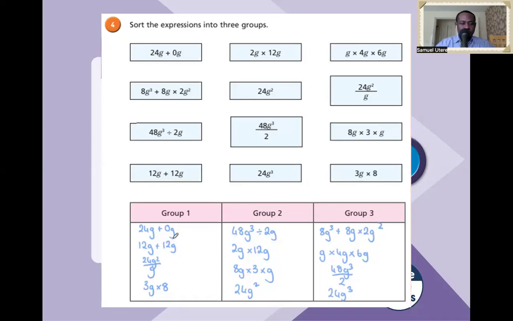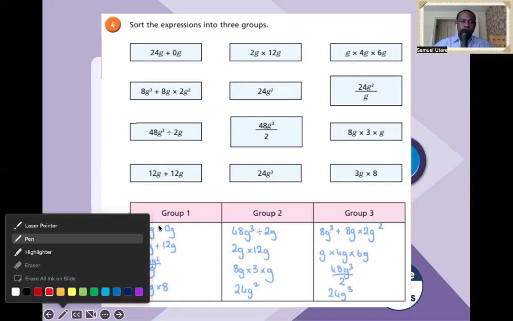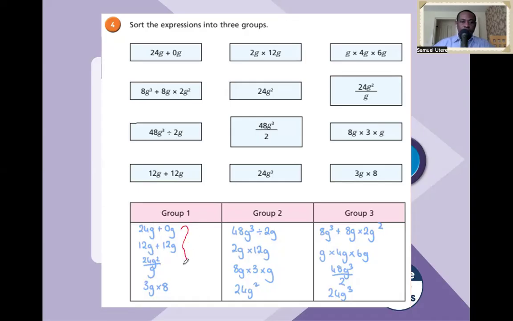So 24g plus 0g is 24g. 12g plus 12g is the same, 24g. 24g squared divided by g is 24g. 3g times 8 is 24g. So all these will give you 24g as their results. So it's about looking at the expressions to see which ones give you the same answer.